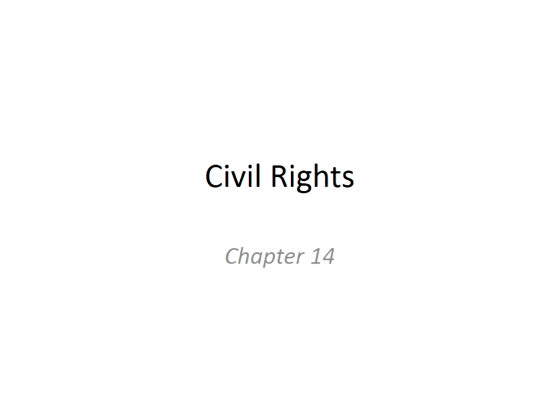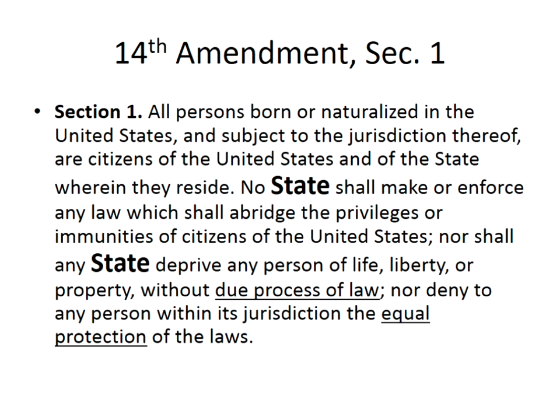Okay, so now we're moving to the issue of civil rights. Civil rights shows us the rights that we have that are more of a positive right. So we get our rights from the 14th Amendment. If you see this slide, it's important for two areas here. The state may not deprive us of due process of law, which is our civil liberties, and then the equal protection of the laws.